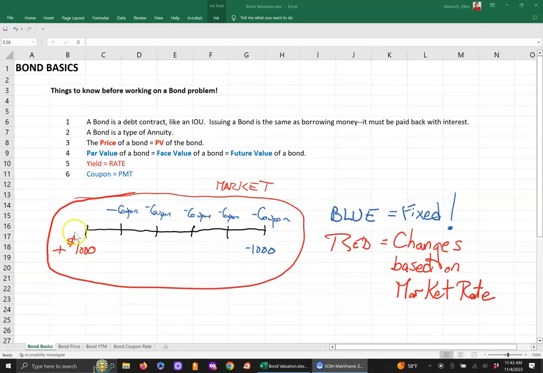You try to sell that bond, you're not going to get face value. You're going to get something less than $1,000. However, these are fixed. You still have to pay your coupon rate and that $1,000 at the end, regardless of what you get for the price. So if the market demands more than your coupon rates are paying, your price will drop.